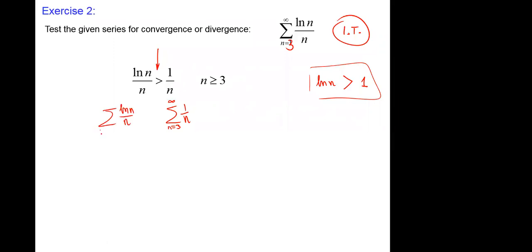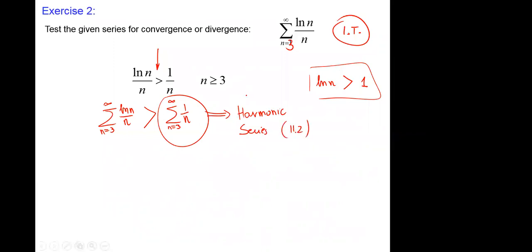Natural log of n over n, the same relation, and we recognize this one. It's a really nice infinite series. It's the harmonic series, if you remember from section 11.2.